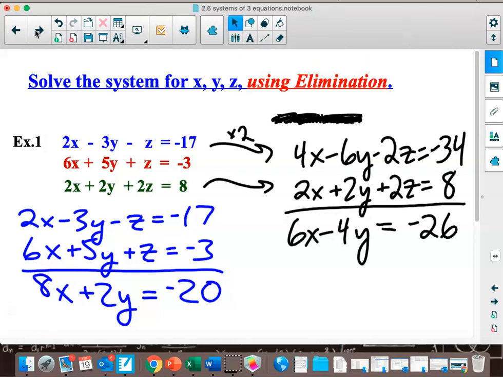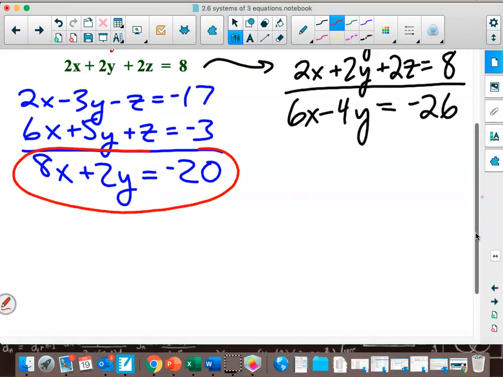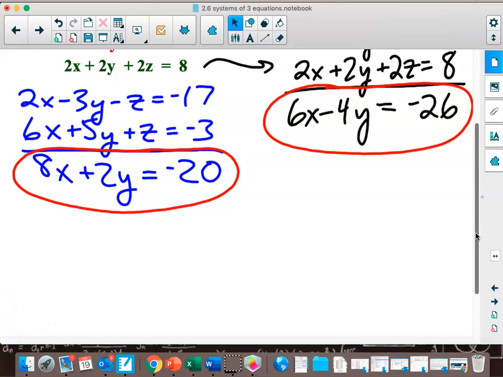Now we have 2 equations with 2 unknowns, which means you can solve these either by substitution or elimination, whatever floats your boat, right? So I want you to take a minute, solve the system of 2 equations with 2 unknowns, either by substitution or elimination. Take a minute and do that.